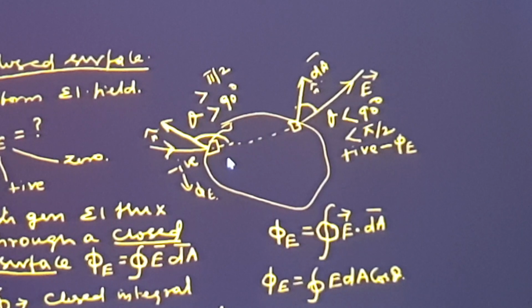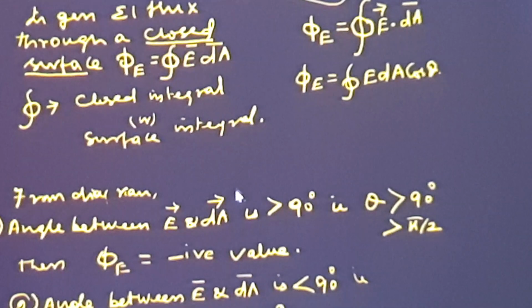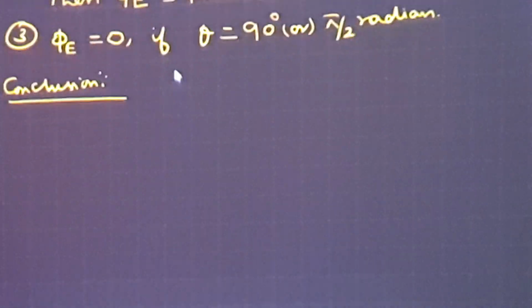On the left hand side of the diagram, at this position, the electrical lines are entering the closed surface, and at this point they are leaving the closed surface. So I can write that the electrical flux is considered to be negative when the electrical lines of force are entering the surface, and the electrical flux is positive when they are leaving the closed surface.